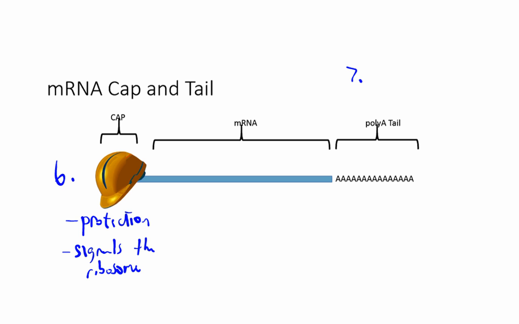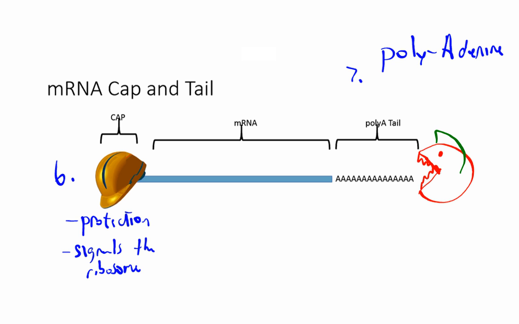And lastly, before it leaves, a poly A tail, poly A as in adenine, is added to the end, and this again serves as a buffer. It serves as a protective mechanism because out in the cytoplasm there are a number of digestive enzymes that look like this Pac-Man here, and they're desperate to eat these RNAs up.